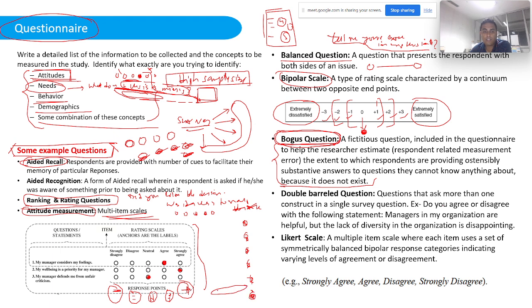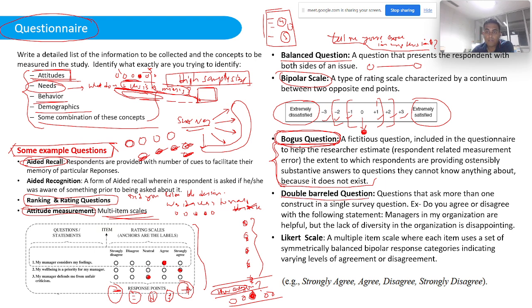For example, the question is like, how are you? Now he cannot rate a question like how are you, so this is a bogus question. Now if he rates it 4, that means he did not read the questions, and probably the answers to the other questions are also not reliable. So to check the respondent's reliability, we use bogus questions.